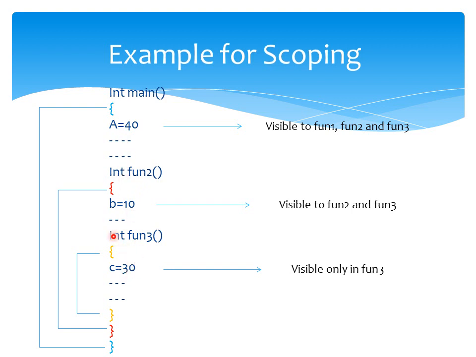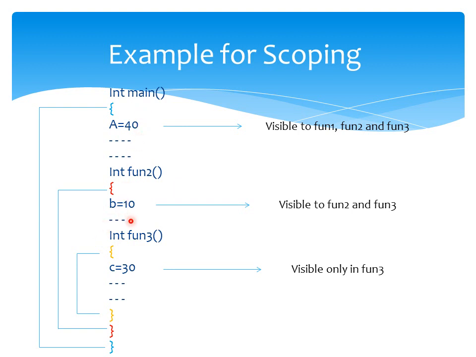Here a is a variable that is visible for function 2 and function 3, because the visibility is available till the end of the function. You can see that b in function 2 is not visible in the main function, because its visibility starts here and ends here, so it is not visible for the main function.